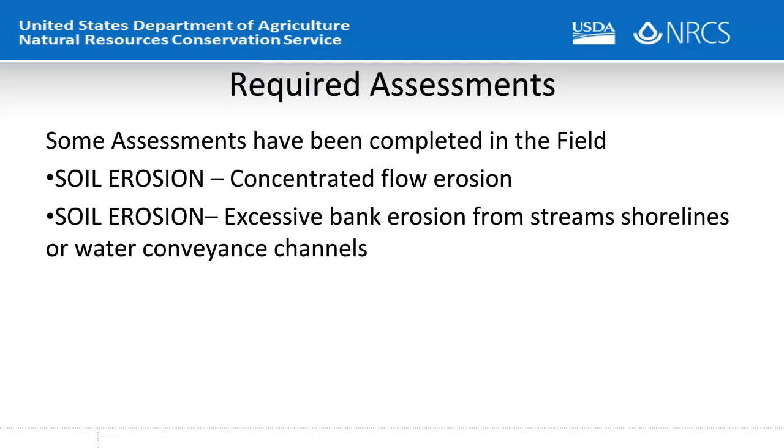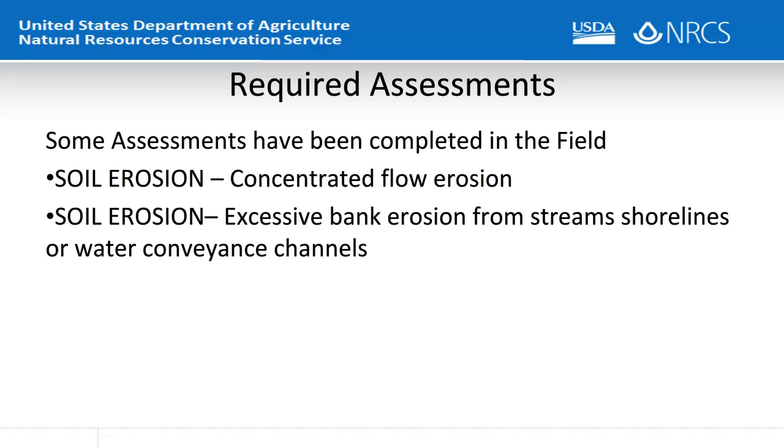Some of the assessments have already been completed in the field. For soil erosion, concentrated flow erosion, we use the observation method to determine that gullies were present for screening, and the deduction method to determine that practices or managements were not in place to control those gullies for the assessment.